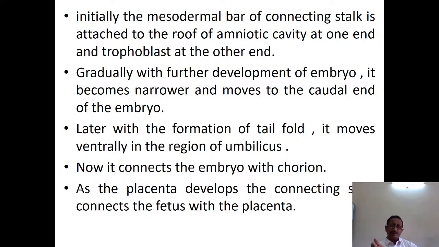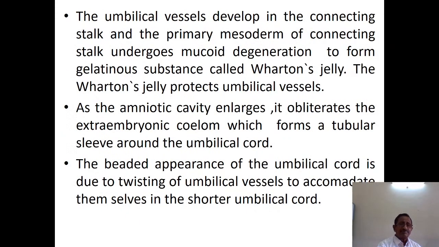So as the tail fold forms, this caudal end comes to the center of the ventral wall of the abdomen of the fetus. So now the umbilicus is in the umbilical region. Now it connects the embryo with the chorion. As the placenta develops, the connecting stalk connects the fetus with the placenta.